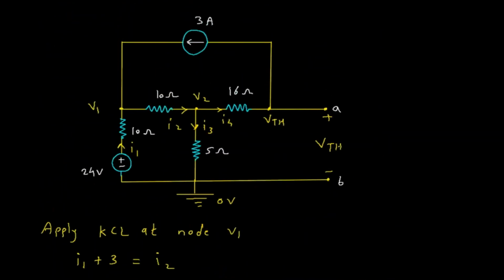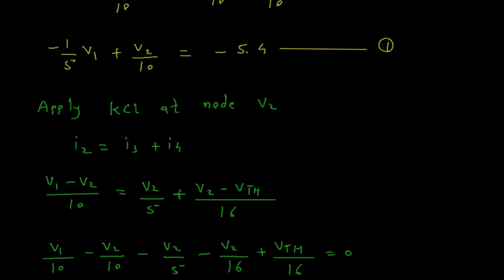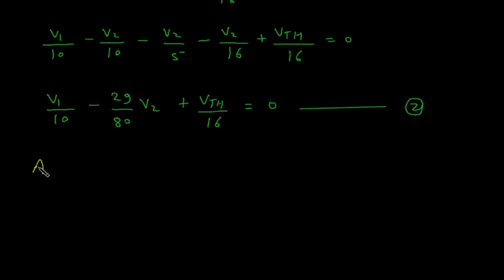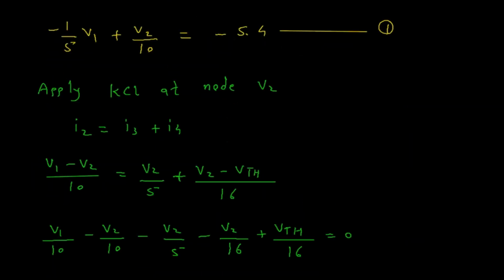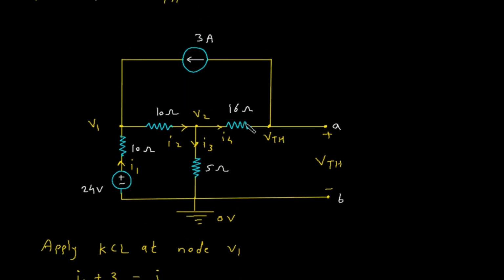Next, we will apply KCL at node VTH. Entering current at this node is I4 and leaving current is 3. So I4 is equal to 3.